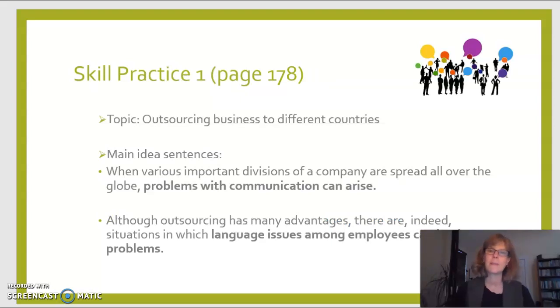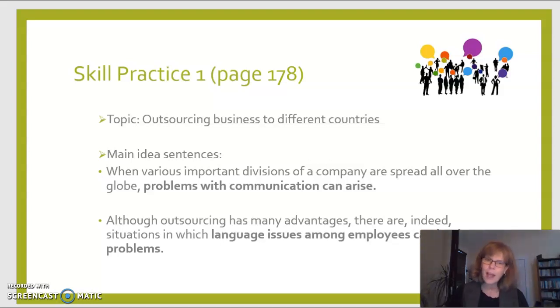So we're looking at this paragraph, and I see that really the topic is all about outsourcing business to different countries. And they end up talking a lot about communication. I saw that word communication come up. Language, communication, language issues.